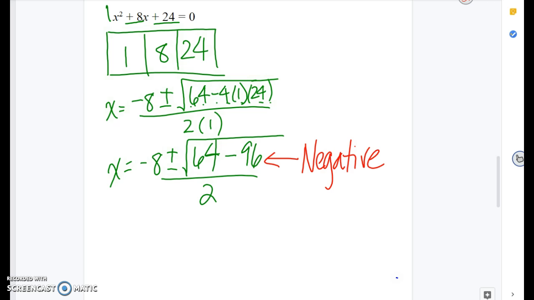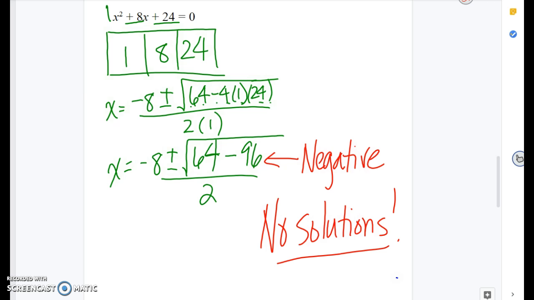You cannot take the square root of a negative number, so I have no solutions for this one. No solutions for this one because I end up with 64 minus 96, which is a negative number. Negative 32 to be exact. So that's not going to work. So this one is an example of what you might see when you have no solution.